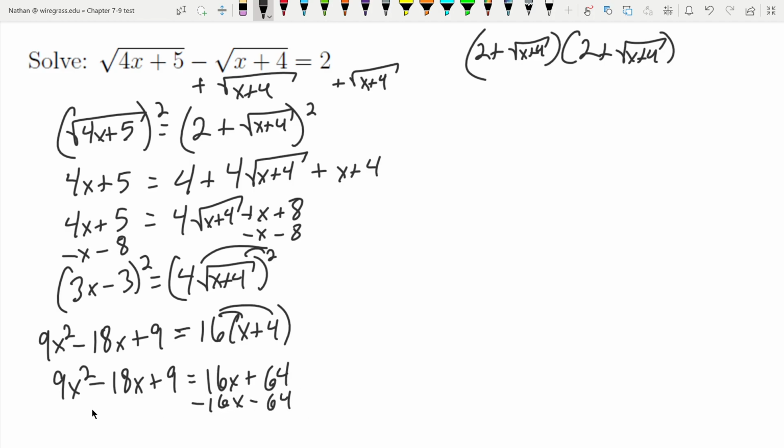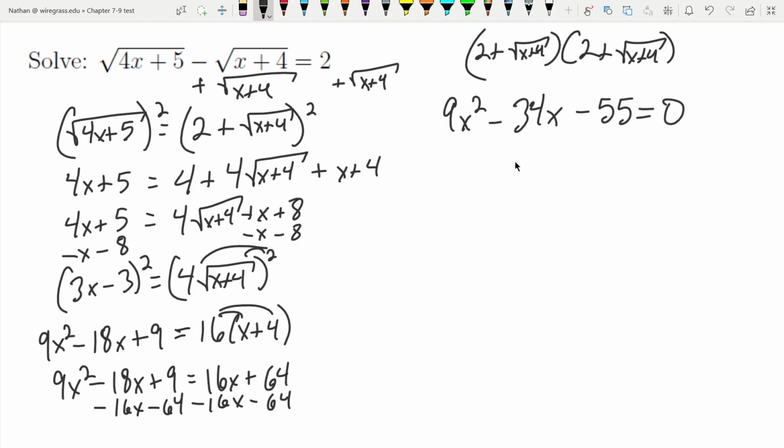So to solve it, we subtract everything over, make it equal to 0, and then factor it. So we're going to get 9x squared minus, let's see, 18 minus 16 is 34, I believe. And 9 minus 64 is going to be negative 55, equals 0.